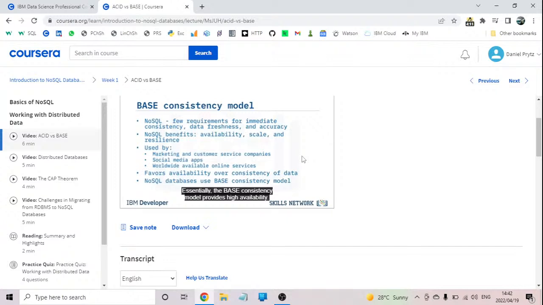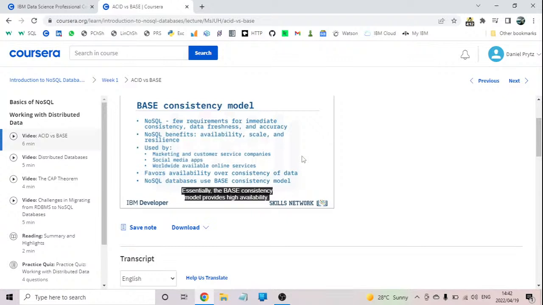No real requirements for consistency or accuracy. Benefits include availability, scalability, and resilience. Used by marketing and sentiment companies, social media apps, worldwide services. As long as you can get the data you request, that's all that matters. High availability is regarded as more important than consistency. NoSQL databases use the BASE consistency model.